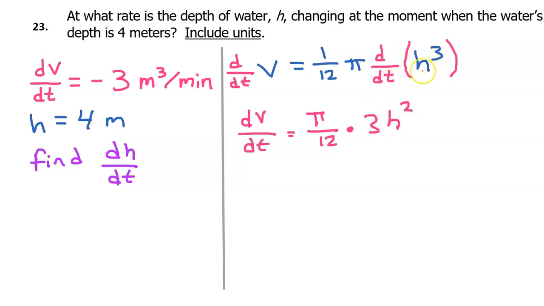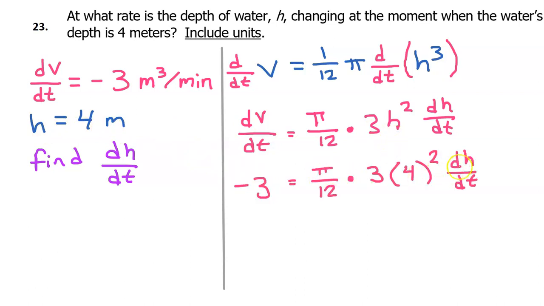Because the variables do not match, we have to do the chain rule and multiply by the derivative of the inner function, which is dh/dt. Let's look back at our inventory for things that we can substitute. For example, dV/dt is -3. So I can put -3 right here. h is 4, so I can put 4 right here.